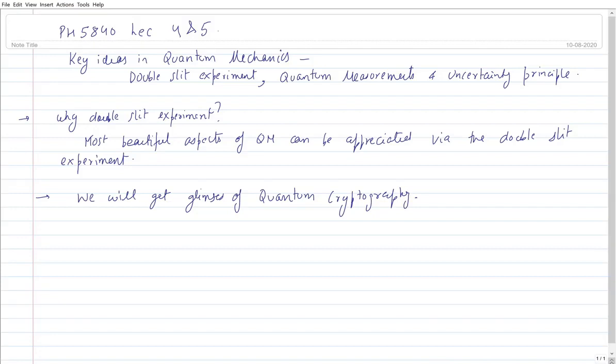And essentially, what's the connection between the double slit experiment and quantum cryptography, or what principles of quantum mechanics make quantum cryptography possible?